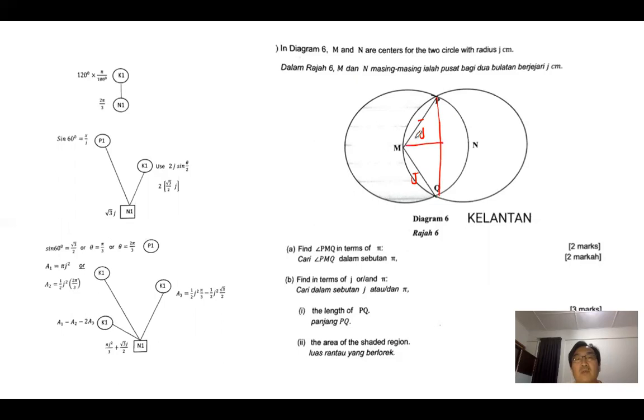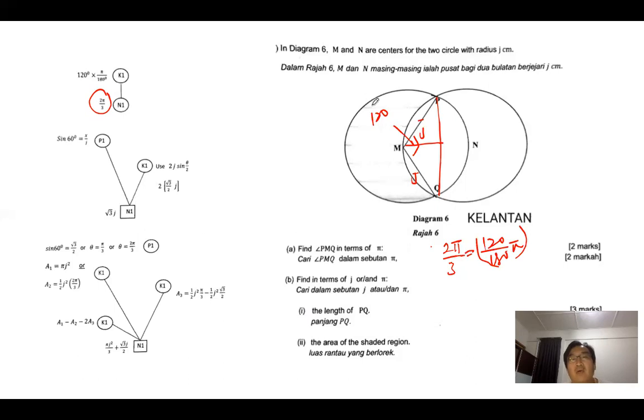So is 120 degrees. This one 120, 60. Right, 120 times pi over 180. So in terms of pi, this means you get 2 over 3 pi, correct? So it's 120 over 180 pi. So you get the answer.